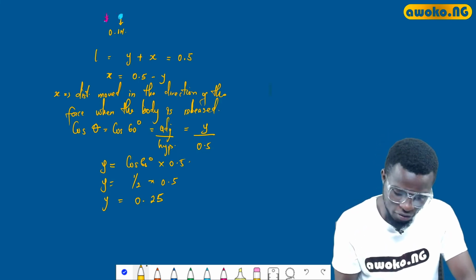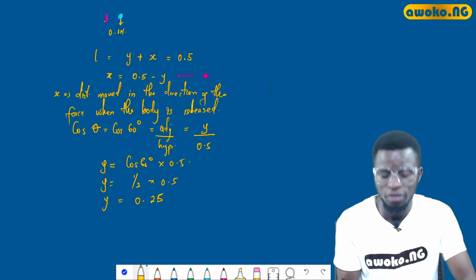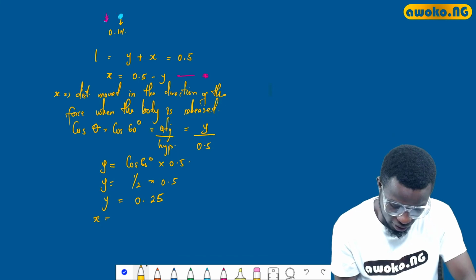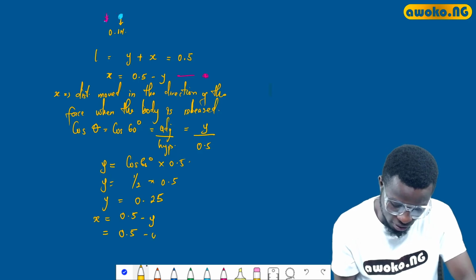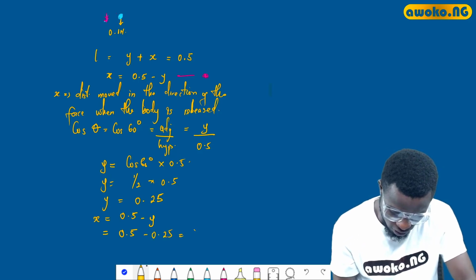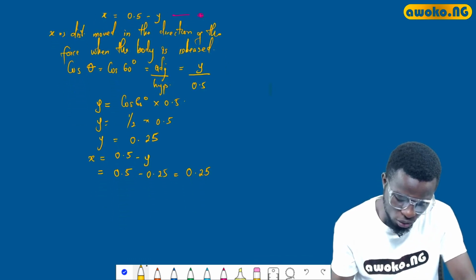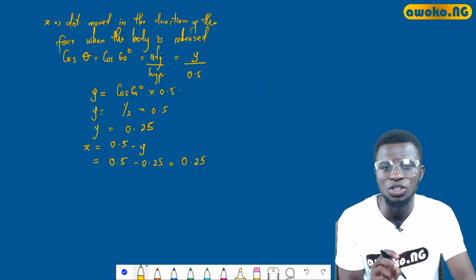So from this relation we have over here, we can have that x is then equal to 0.5 minus y, which is equal to 0.5 minus 0.25. And this gives us the value 0.25 as our x.